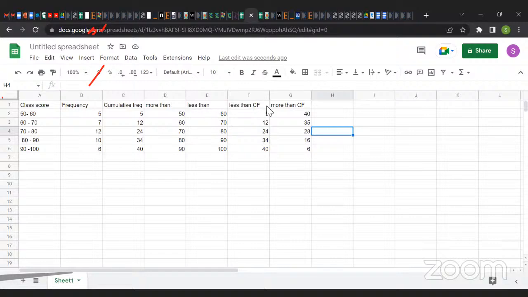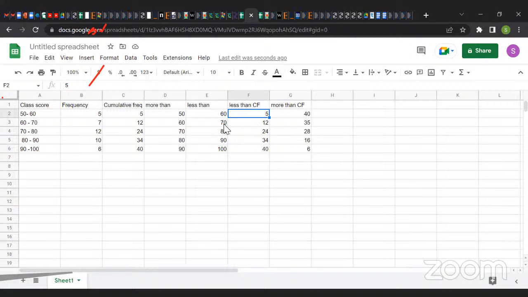And then we calculate the cumulative frequency as we did before, okay? For less than, the students who got less than 60 here is 5 students, okay?